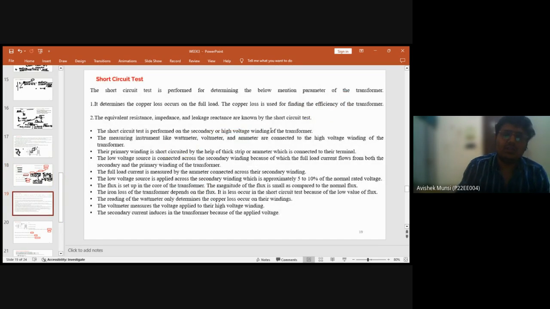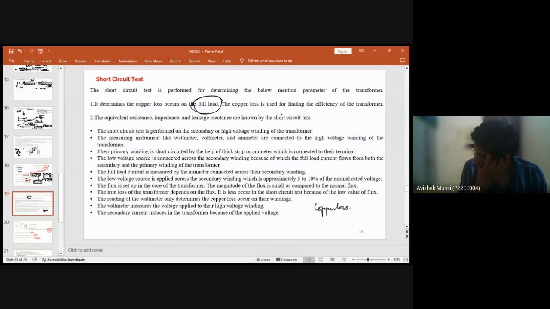Similarly, the short circuit test was done to calculate the copper loss. The short circuit test basically determines the copper loss at full load. On the first slide, someone was asking whether this short circuit test was done at full load.